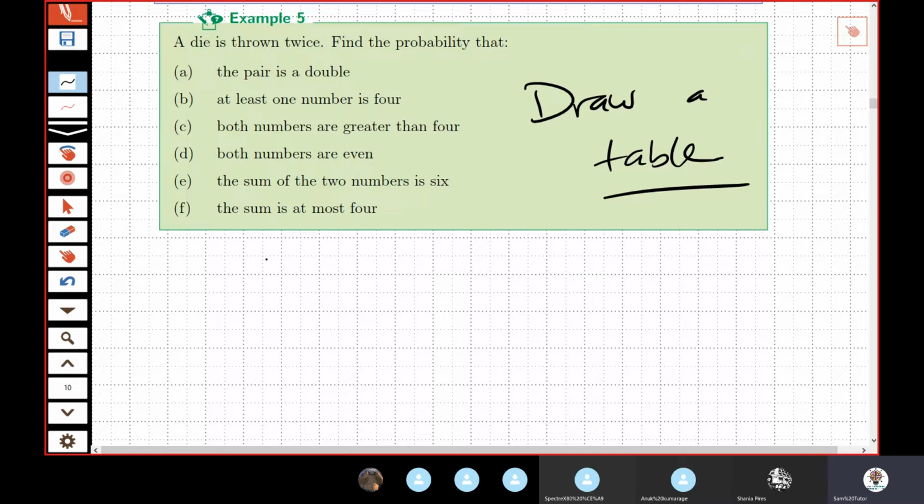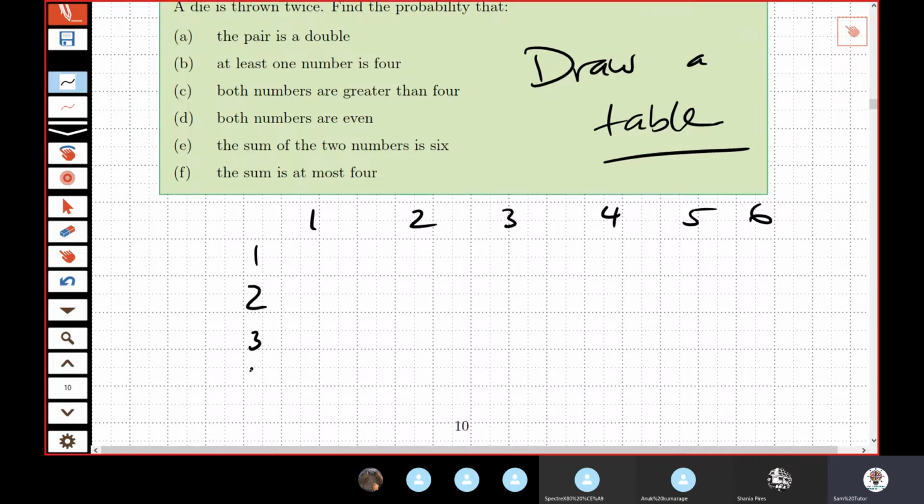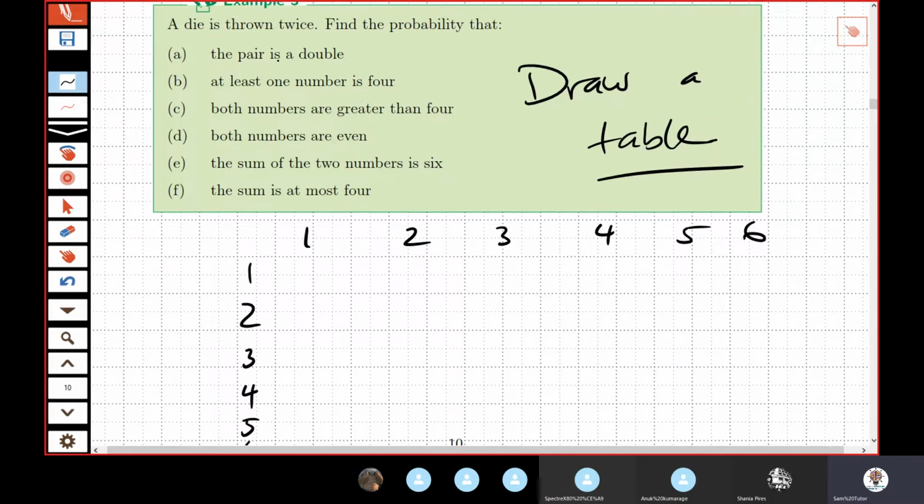We'll just draw a table. 1, 2, 3, 4, 5, 6. 1, 2, 3, 4, 5, 6, and then that the pair is a double. Of course, you know that with A, it's just going to be 6 out of 36, which is 1 out of 6.